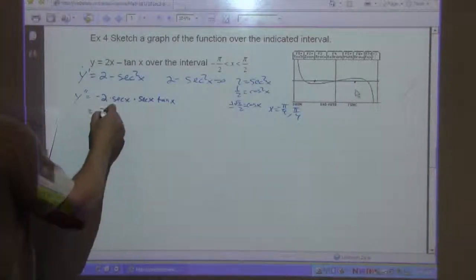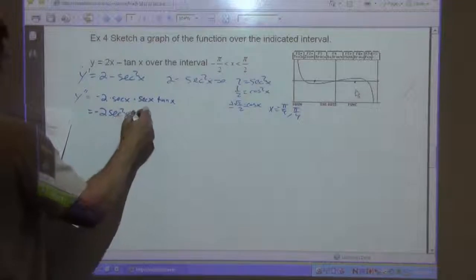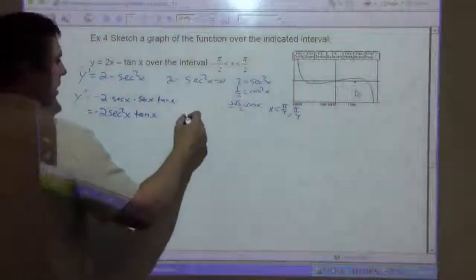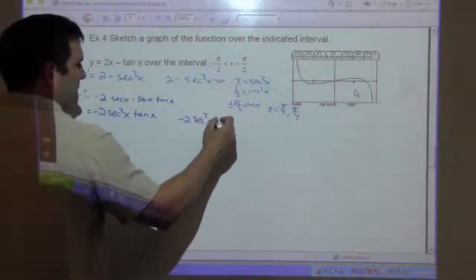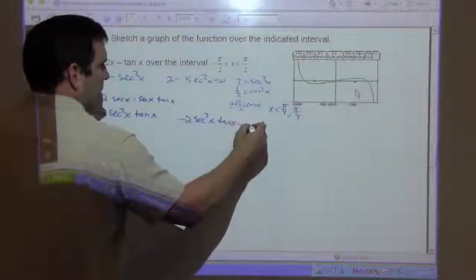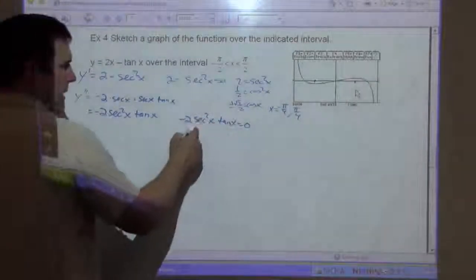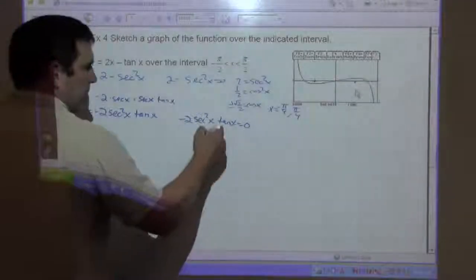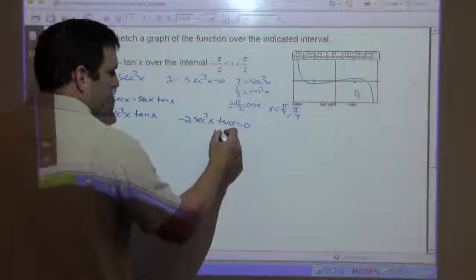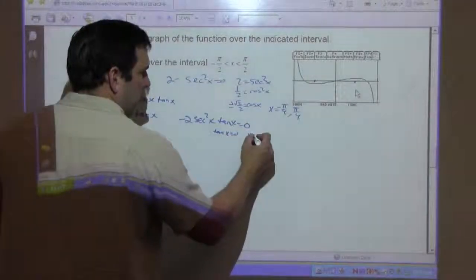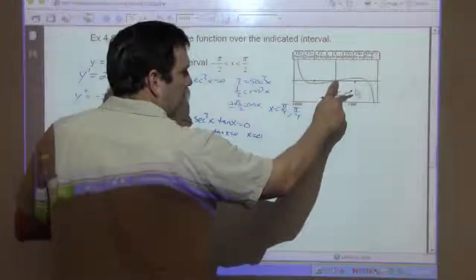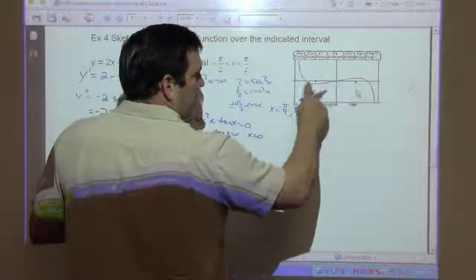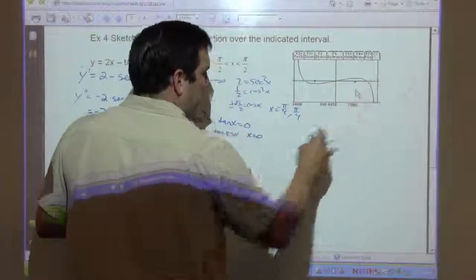So it's going to be negative 2 secant squared x tangent x. So where is negative 2 secant squared x tangent x equal to 0? Well, secant's not going to be 0. Tangent x is 0 whenever x equals 0. And that definitely does look like a change of the concavity from concave up to concave down.